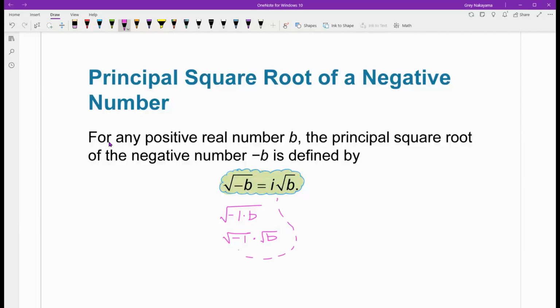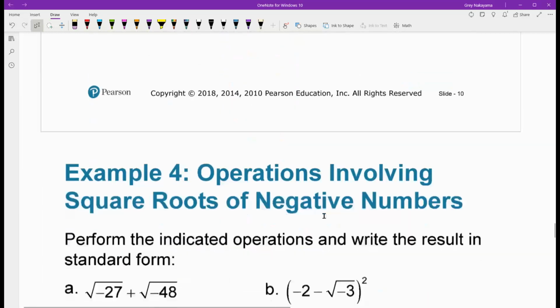Well, what's the square root of negative 1? That's i. So it'll always simplify when you have a negative underneath. Simplify it first by bringing the negative out, and then just treat it like you've always done radicals in the past. Okay? So look at this problem.